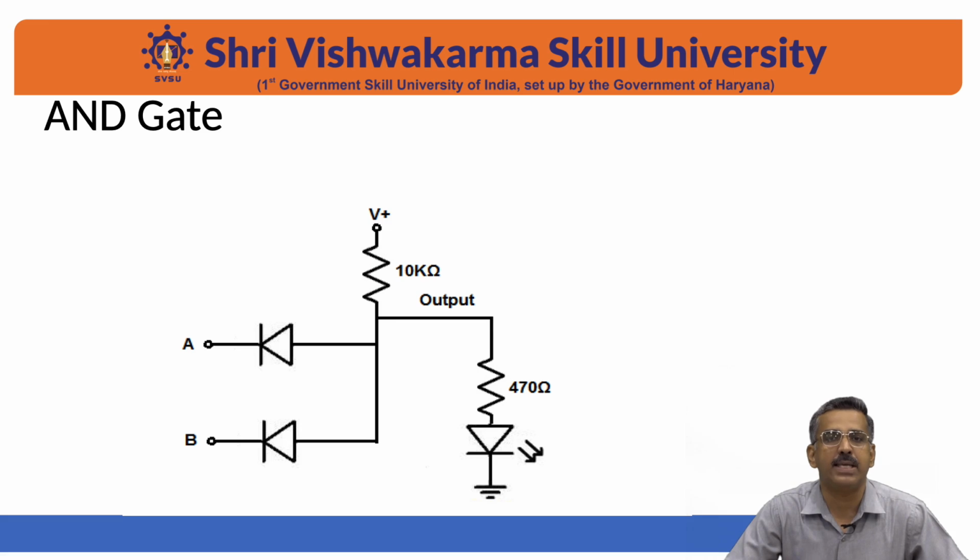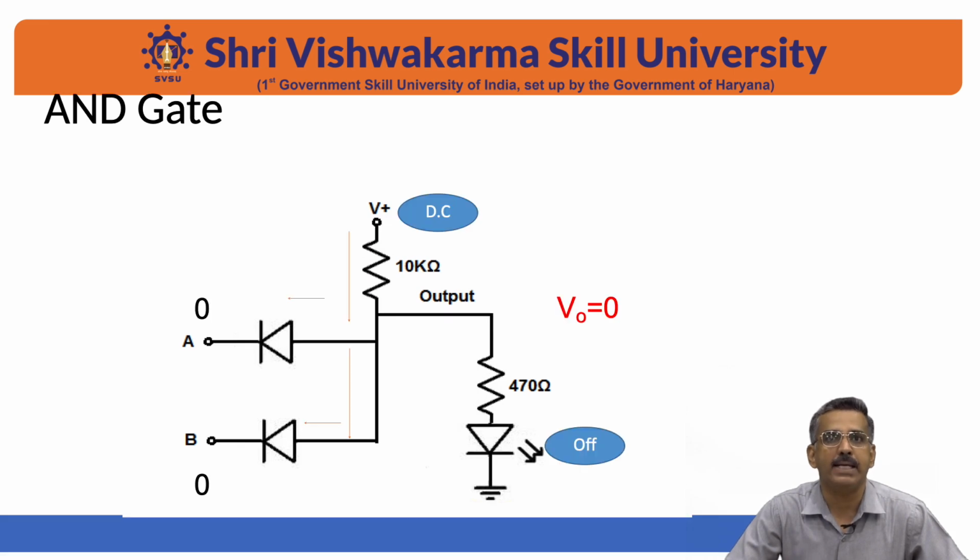Now let us see the operation of the AND gate. In this case, we are applying 0 voltage at the A terminal of the diode, and similarly we will apply the same voltage at the B point. Now we will see the DC voltage across the resistance.